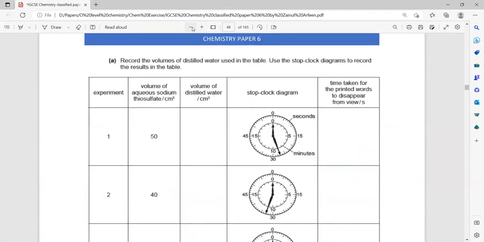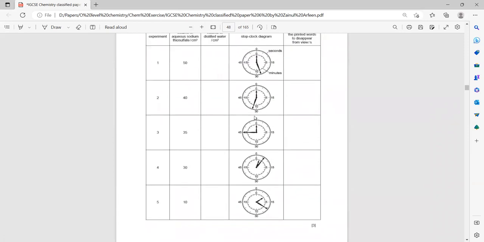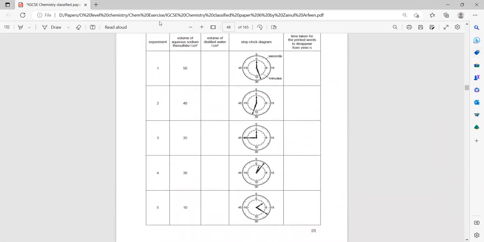So these are the points you have to record. Experiments 1, 2, 3, 4 and 5 are done. You have to record the volume of the water which is added and the time for the printed words to disappear. Using this stop clock diagram, you have to read the time in seconds.